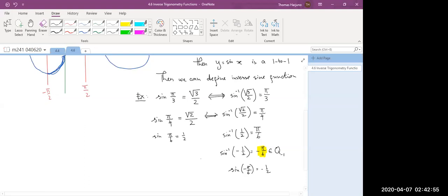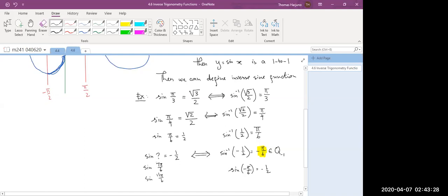Okay, now for us to answer this question, we're supposed to ask the following: sine of what angle equals -1/2? Now, as we know, there are a lot of angles that give us -1/2. For example, sine 7 pi over 6, sine 11 pi over 6, and a lot more.